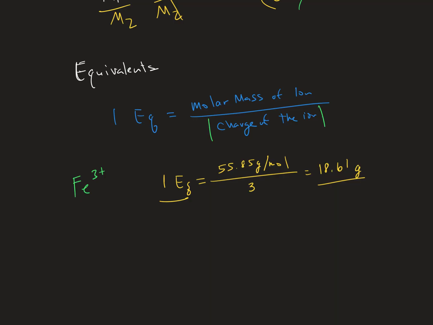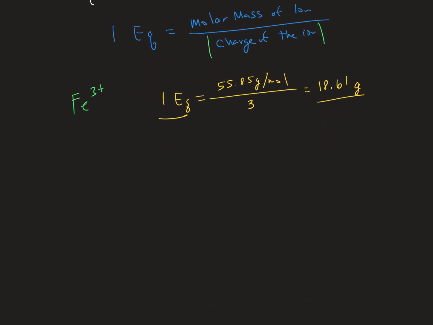But it's grams per mole, guys. But we're never going to figure out how many moles we have in our blood, because this is not something we can measure, right?